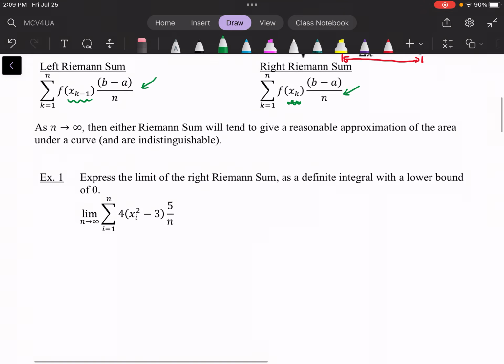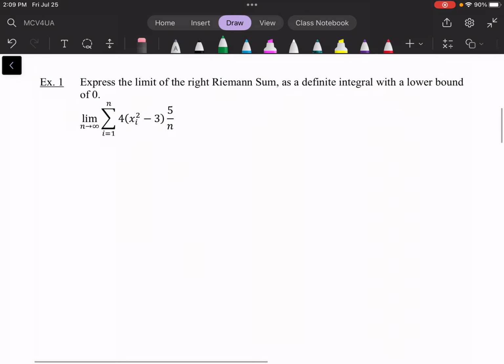So let's look at our first example. The first example turns out to be one of the easier ones that I think of. So right here, by the way, we're going to take this summation and change it into a right Riemann sum. 5 over n turns out to be your value for the total values from a to b, that is 5 units, and you're separating it into n subintervals.